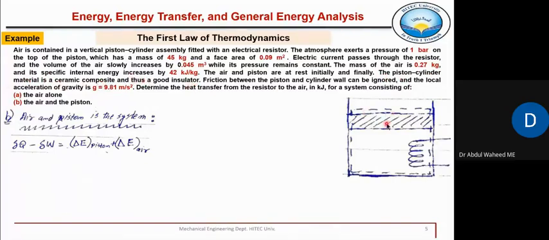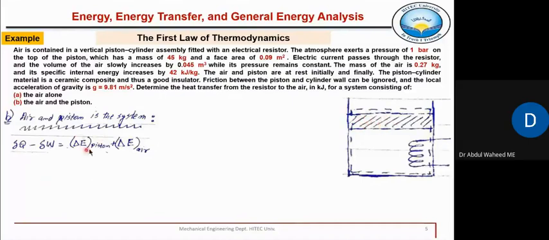So it means this piston and the cylinder walls are good insulators. It means they will not absorb any heat, right? So heat will not be transferred to this piston. Air will be heated up, but because the piston material is a good insulator, some ceramic composite, there will be no heat transfer. It means there will be no delta U of piston, right?